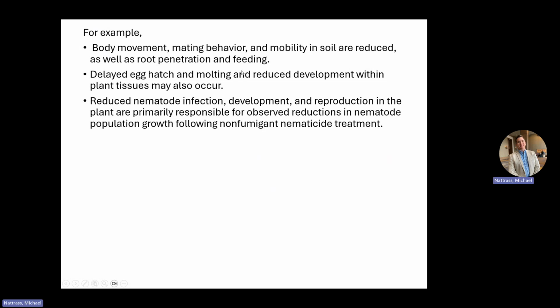We can have delayed egg hatch and molting, and if we don't molt properly, then we're going to have some body development issues. If we have this delayed hatch and molting, then that means that there's not going to be any development in the plant tissues, and that's going to reduce those nematode effects: infection, development, and reproduction.